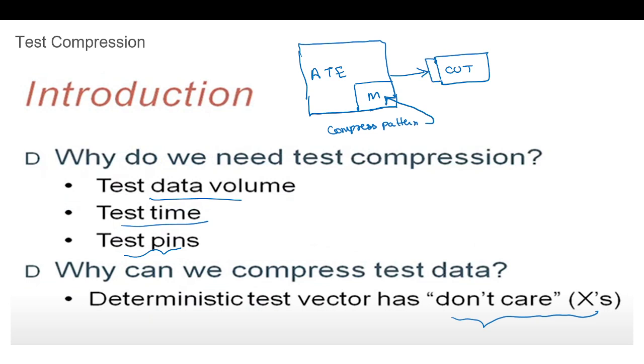And to the circuit under test, we will attach one decompressor which will decompress the pattern and apply to the circuit under test. So here we are compressing it, storing it, and before applying to the circuit under test, we have to decompress it.